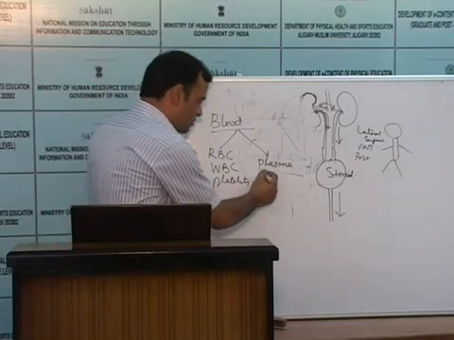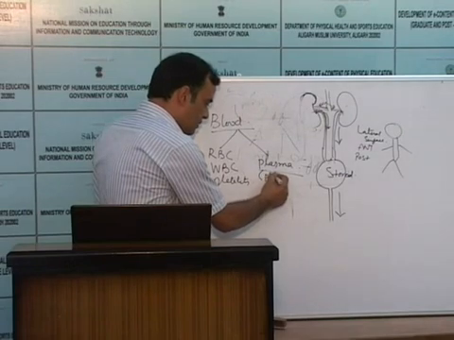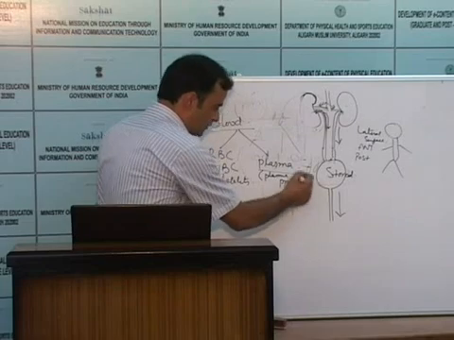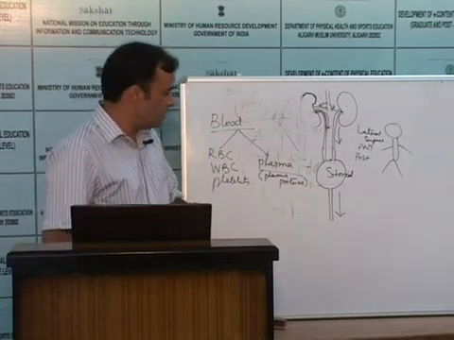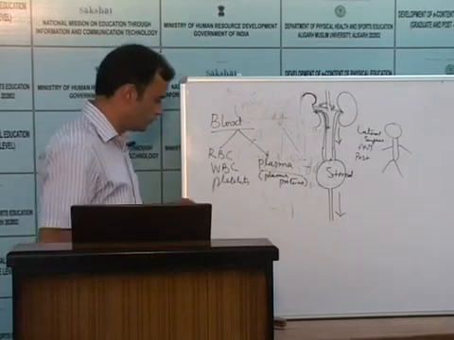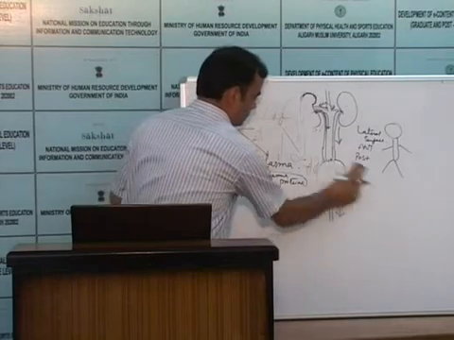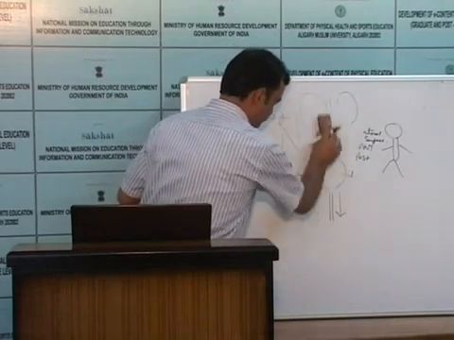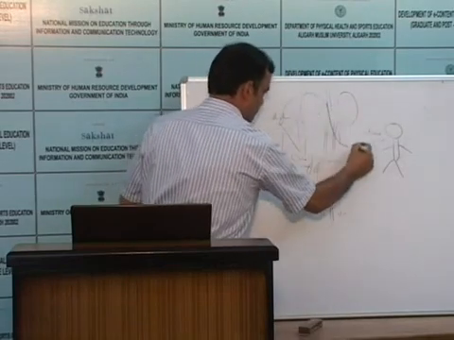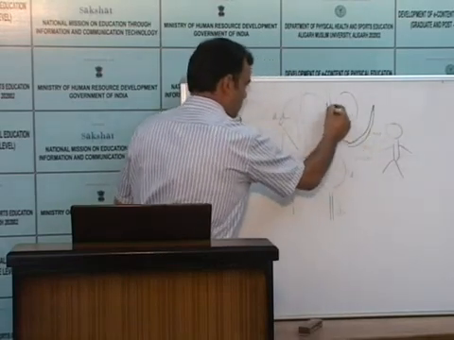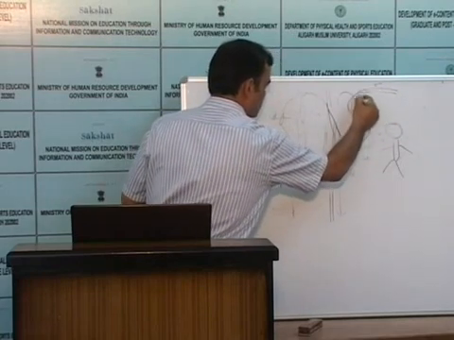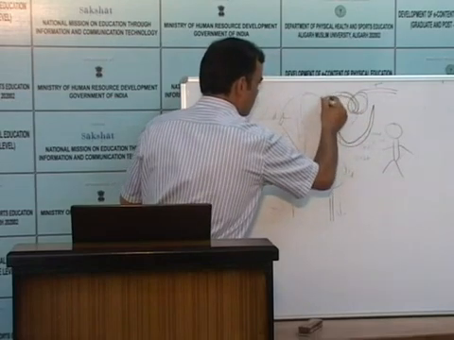This plasma also contains proteins called plasma proteins. Now when the blood passes in through the glomerulus, this is the Bowman's capsule, and here blood enters into the glomerulus, which is like a tuft of capillaries.